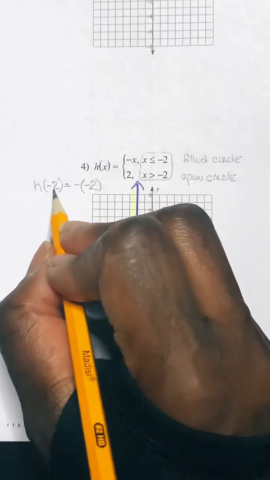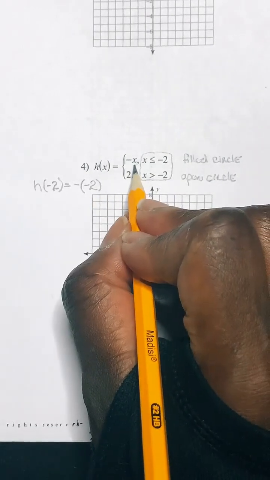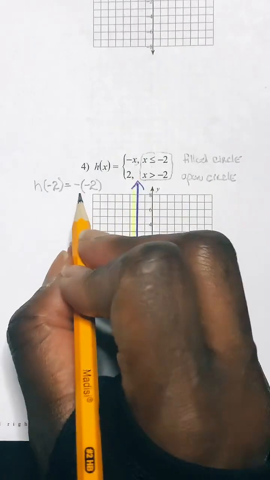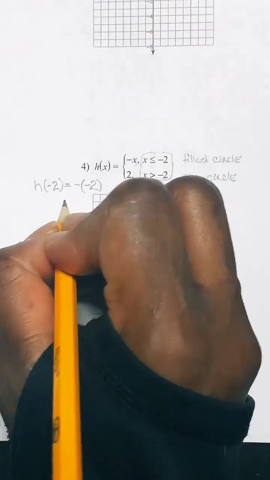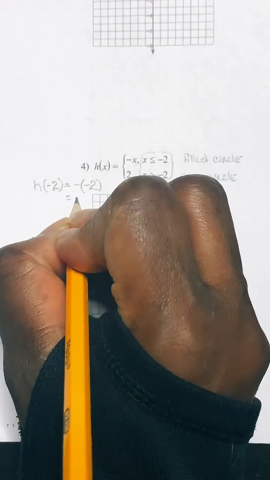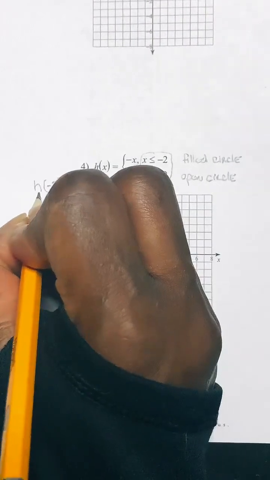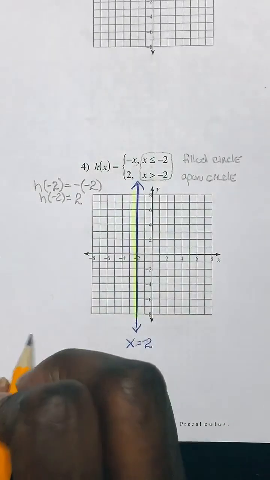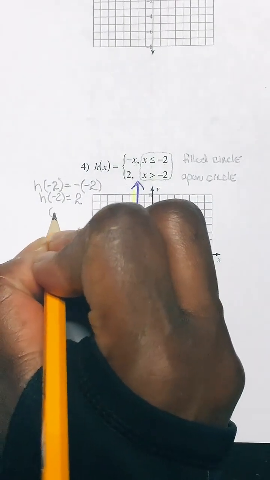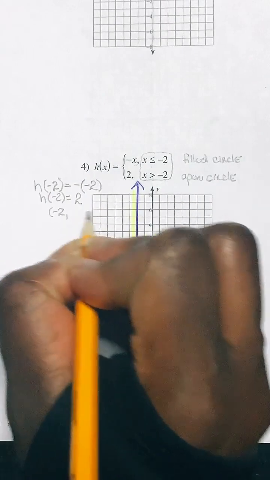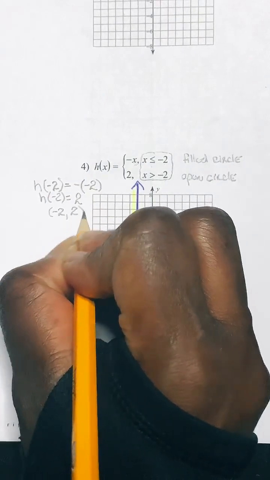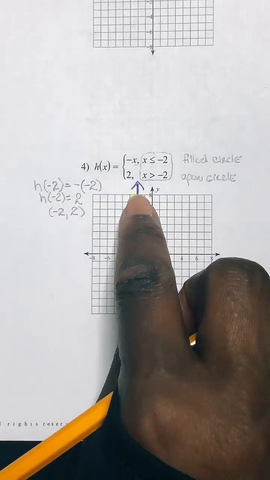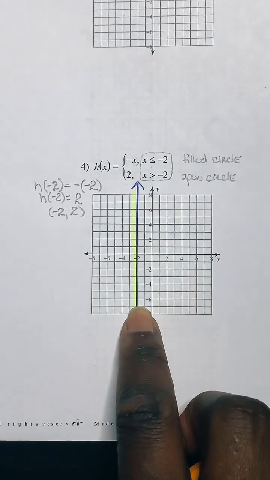Now, the -2 is just going in for the x, not for that whole entire expression. So when I have a negative times a negative, this is giving me a positive. So basically what you're looking at is an ordered pair. Your x value is -2. Your y value is +2. So this is going to be the point that's on your boundary line.